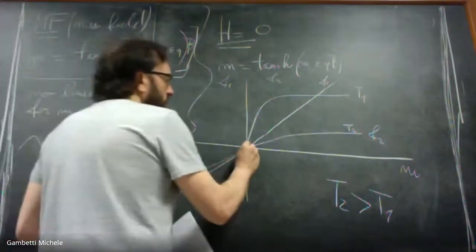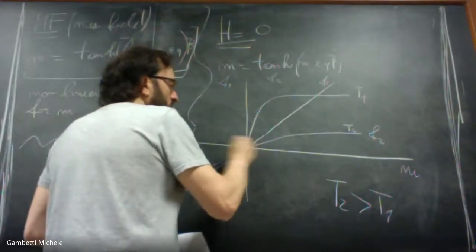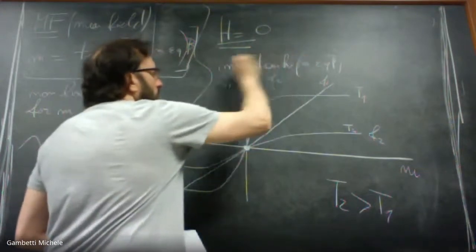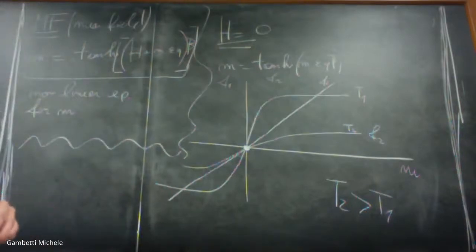Okay, so let me comment on the most important part, which is actually this. You see that here there is always a crossing point, which is m equals 0. So for m equals 0, this equation is satisfied. So it's a good solution of my problem.